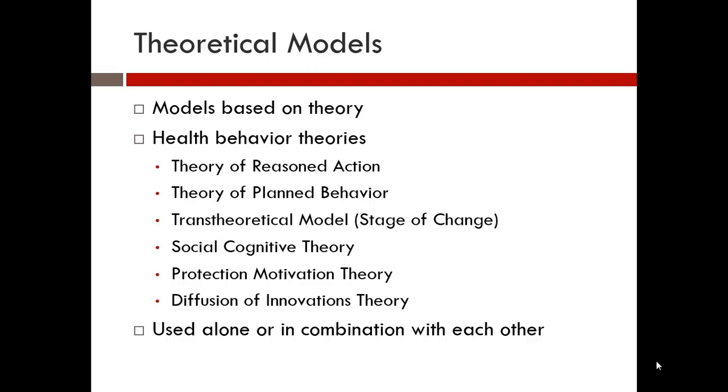We're looking at social cognitive theory, protection motivation, diffusion of innovations. These are all theories. So when you talk about theoretical models, they're models based on these theories. And you could use these theories alone or in combination with each other. You could pull out constructs from, say, theory of reasoned action and use them with social cognitive theory. And in fact, out in the field, a lot of people do choose multiple theories and combine them together.